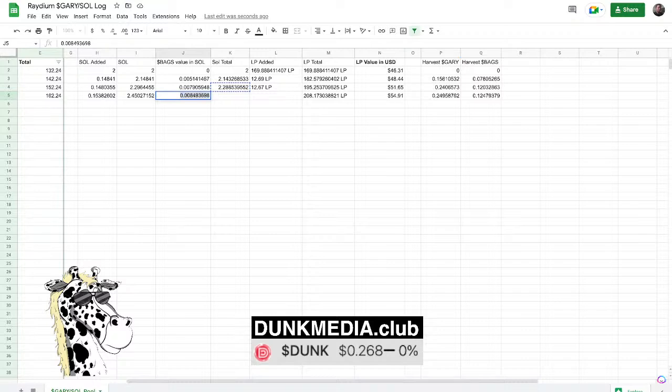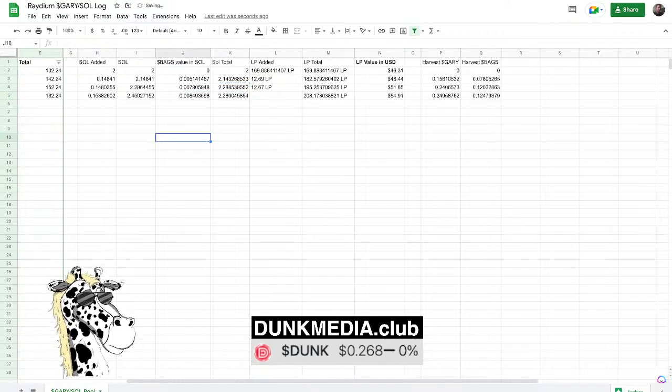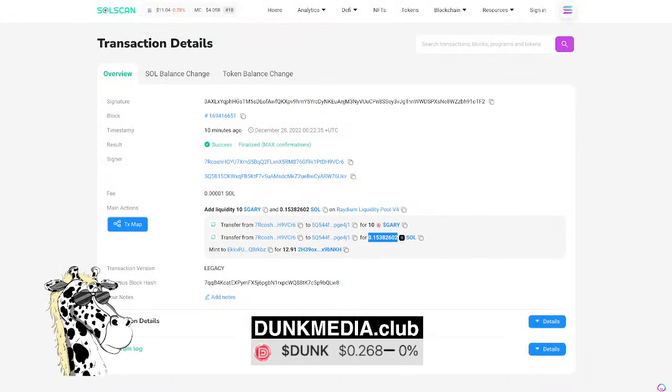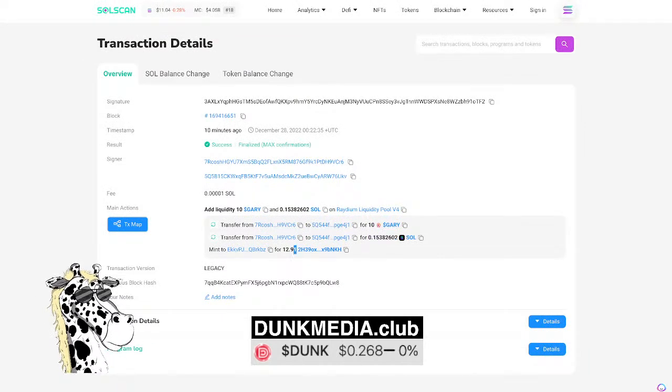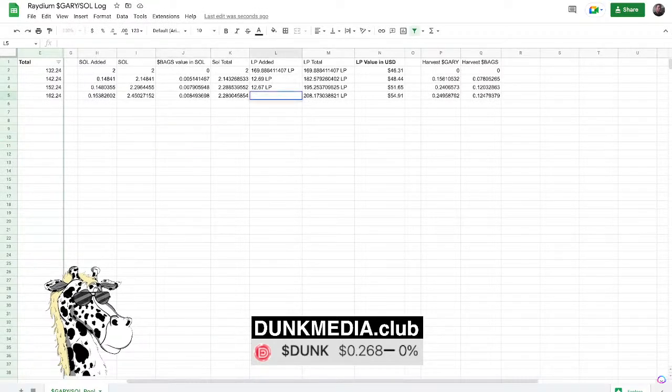Okay, so there, and then last but not least, I think I got everything filled in except for the amount of LP tokens that I added. So now I've got everything filled in. Okay, I think I got everything.